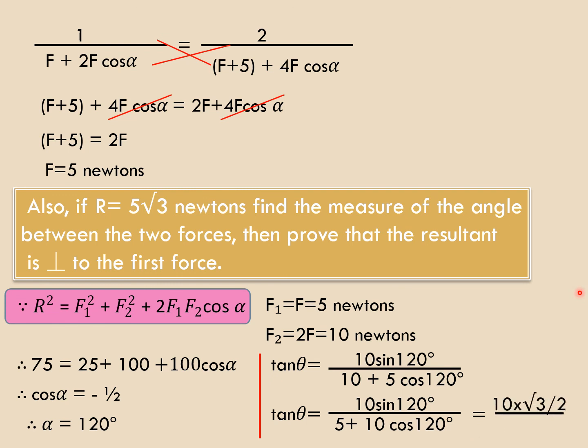So it will be 10 multiplied by root 3 over 2 over 0, because 5 plus 10 cosine 120 is 0, so it will be undefined. Tan theta equals undefined, so theta equals 90 degrees.